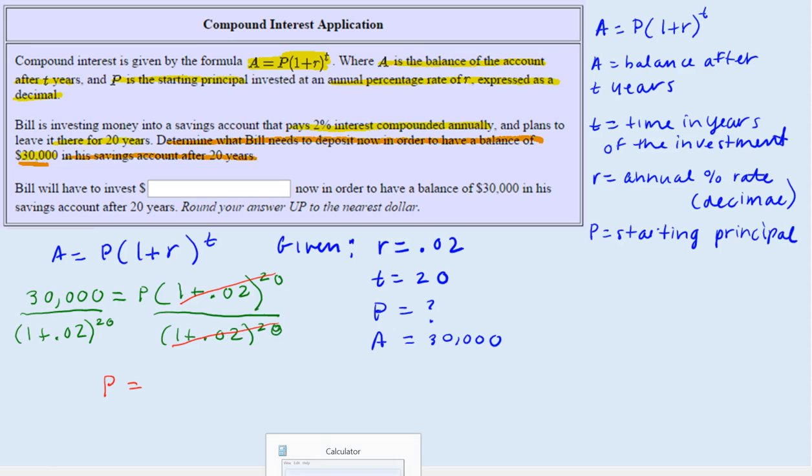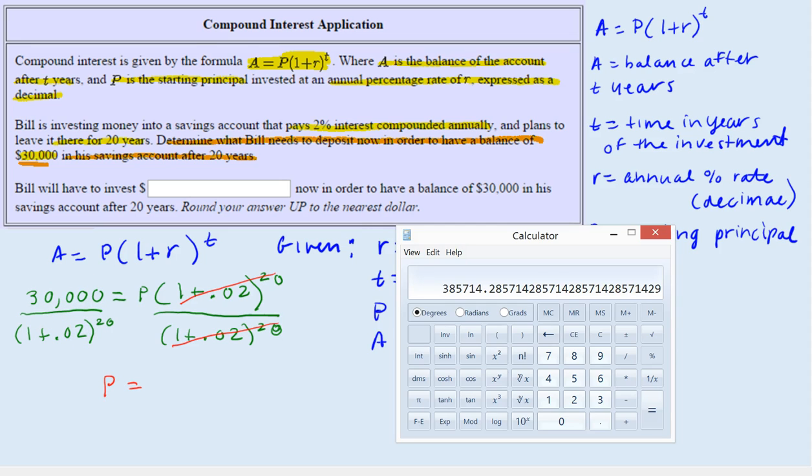If you evaluated this and rounded it and then divided, your answer could be a little bit different than if you put this in the calculator at once. So we have 30,000 divided by, in parentheses, 1 plus 0.02, close the parentheses, and we want to raise that to the 20th power. And we get this.